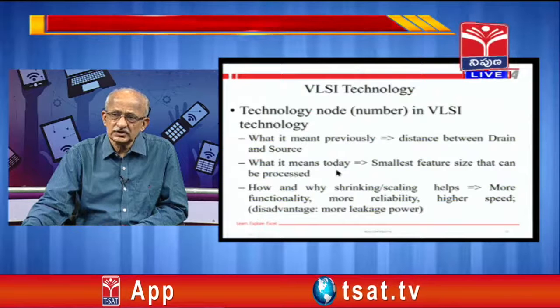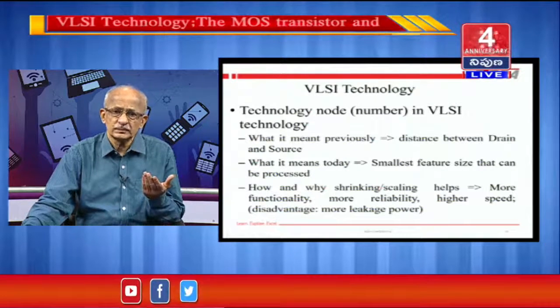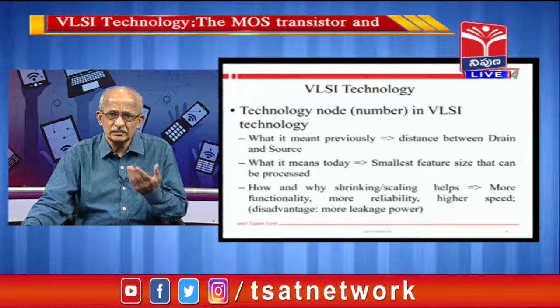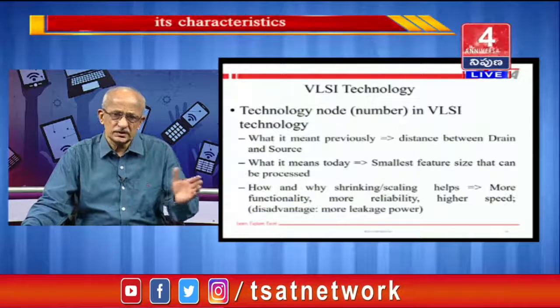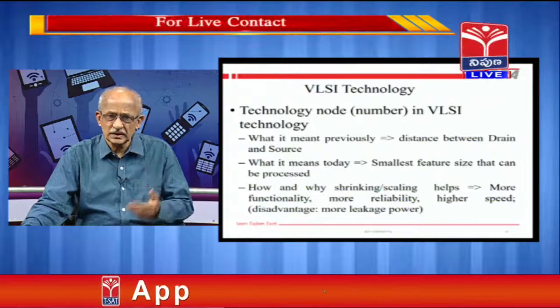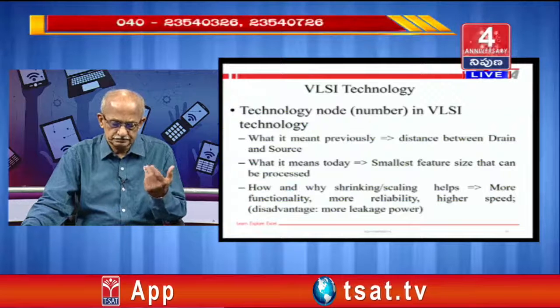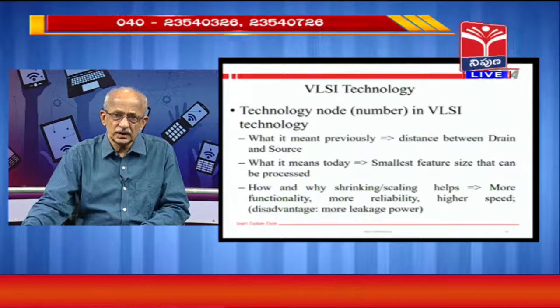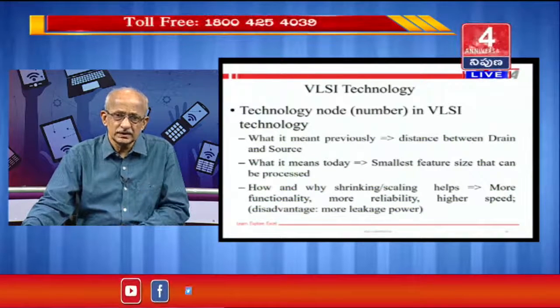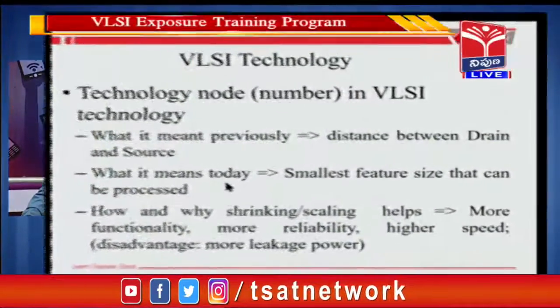So today it means different things for different manufacturers. It's not necessarily the same thing. Intel may say 7 nanometers, and its transistor size might be something. Samsung, Motorola, or maybe Micron Technology for memories might say 7 nanometers, and its transistor size might be something different. This is what it is today.